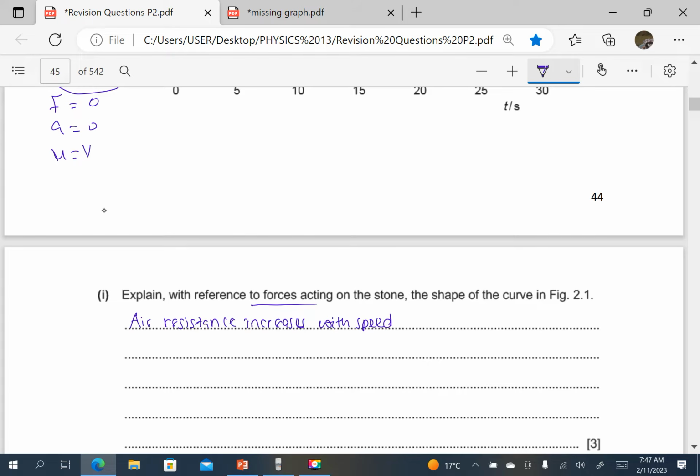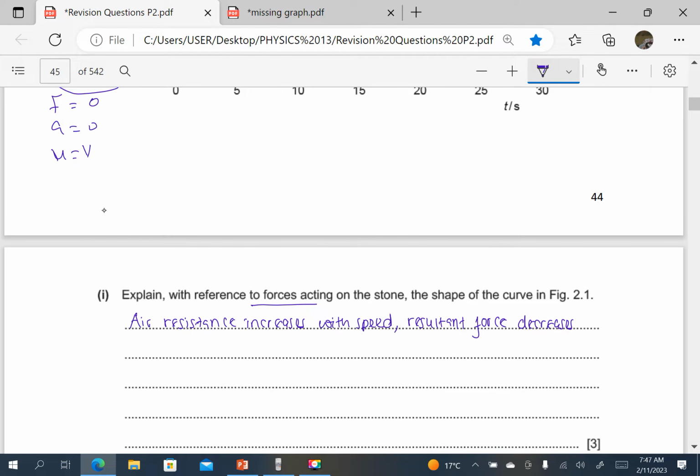When a body is falling downwards, speed increases. Air resistance increases with the speed, and that means the resultant force decreases.